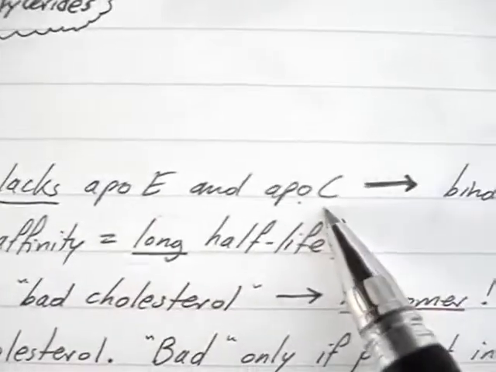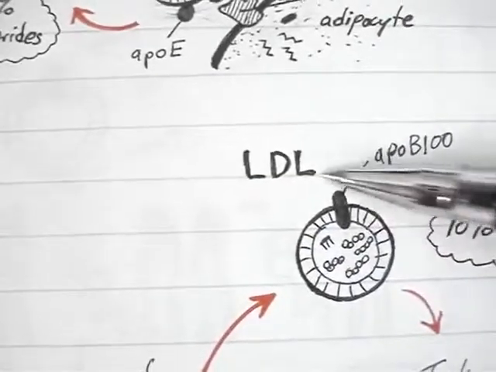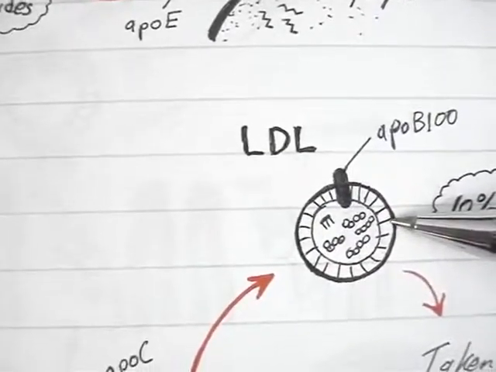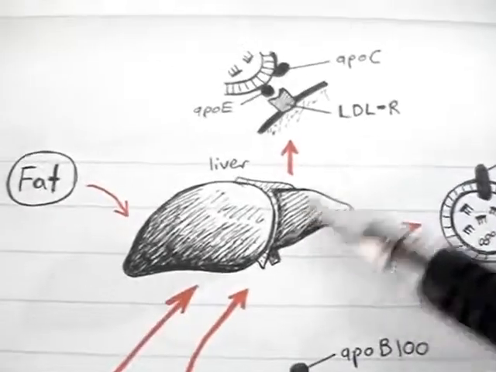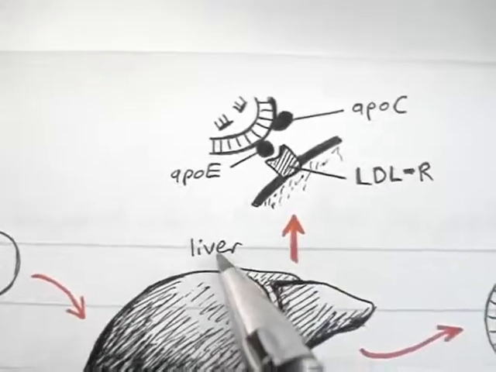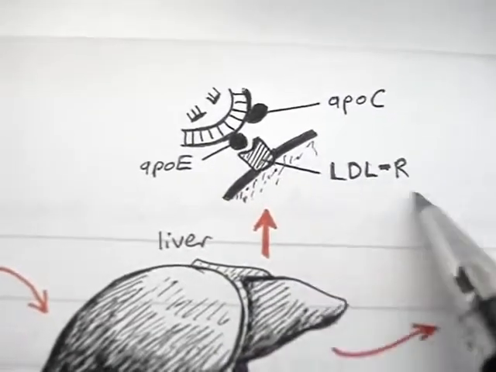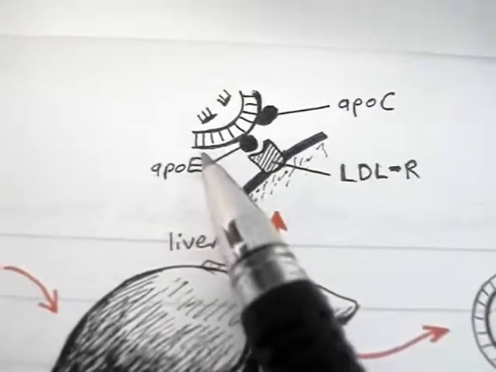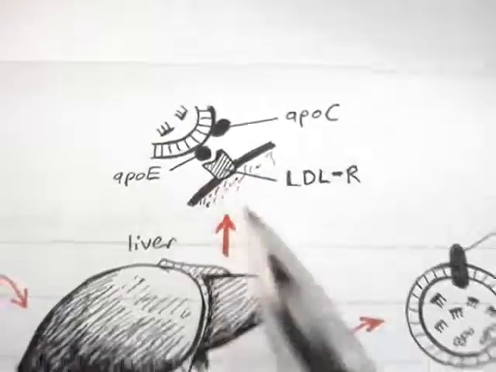So we said that LDL lacks ApoE and ApoC. This means that when the LDL, or low density lipoprotein, travels back to the liver, we said previously that lipoproteins are taken up by the liver when they bind to this LDL receptor using ApoE. So if LDLs do not have ApoE, they cannot be taken up by the liver.